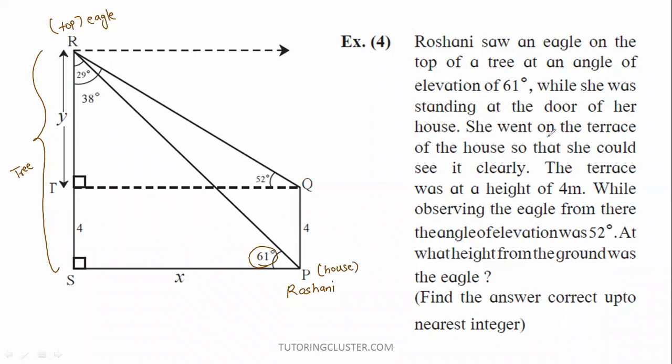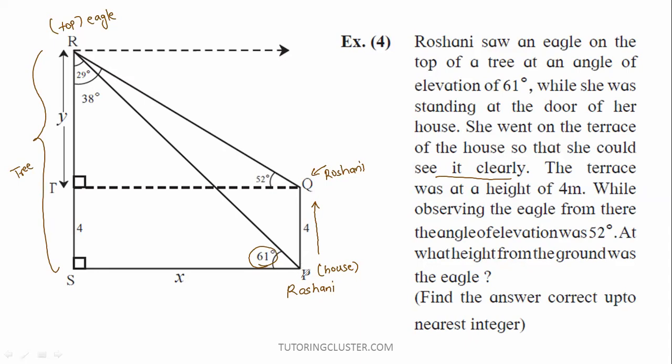Now, she went on the terrace. This is the new position of Roshni, and now she could see the eagle clearly. Again she is observing the eagle. The position of the eagle is not changed, only the position of Roshni is changed.